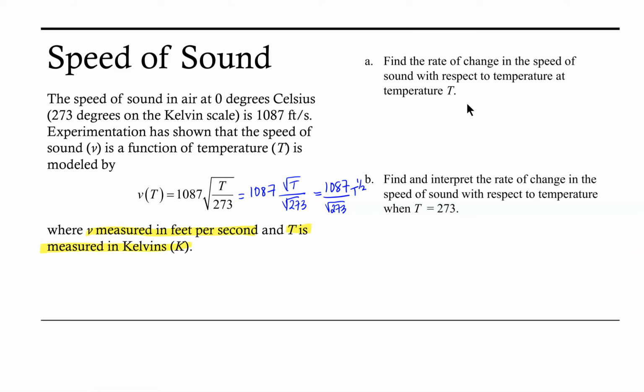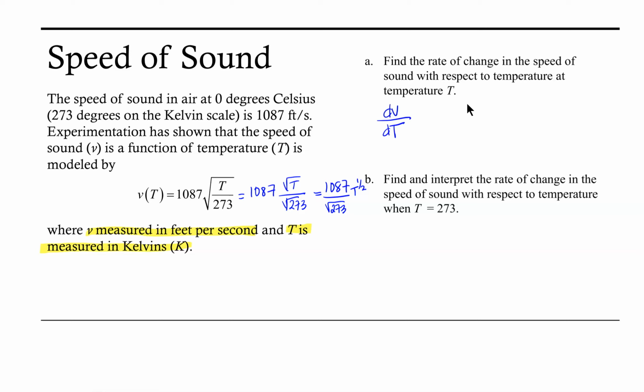Now this speed of sound function is written in a form that's amenable to finding the derivative. So what we want to do is find the derivative of the velocity of sound with respect to temperature.